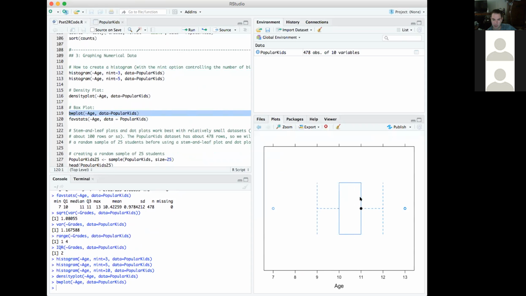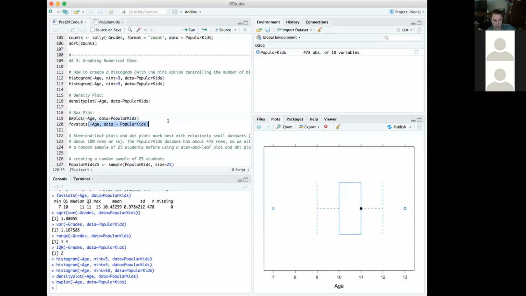You might ask, how can 11 be both the 50th and the 75th percentile? But in the context of this data set, that's actually the case, and that's how the data is displayed. So don't be confused if you see something like this with the median being the Q3. It's possible.